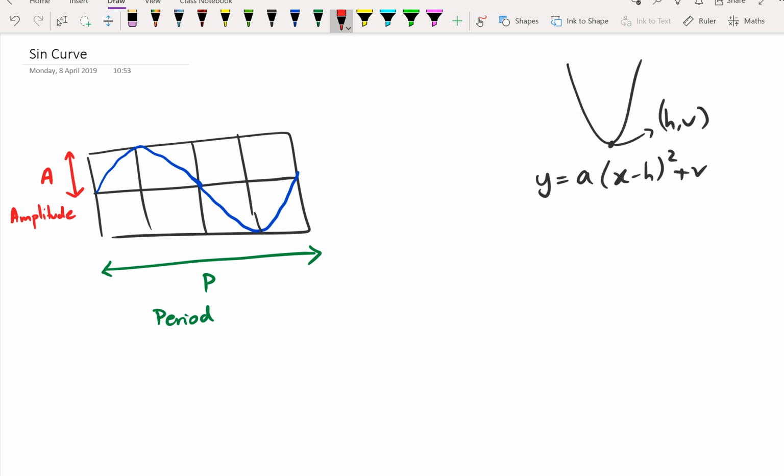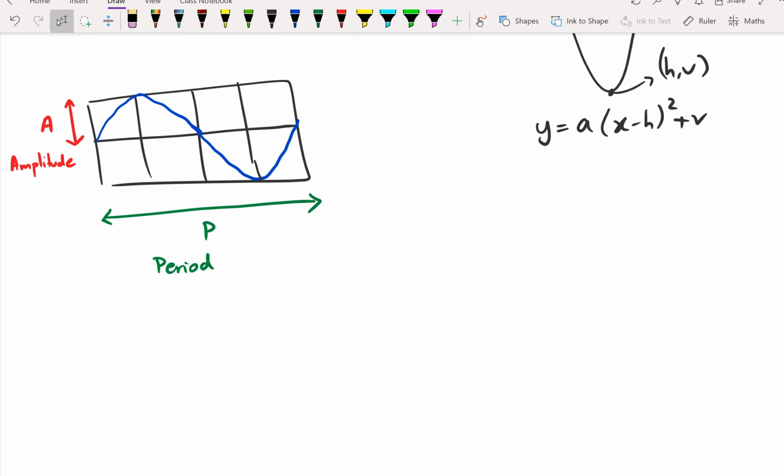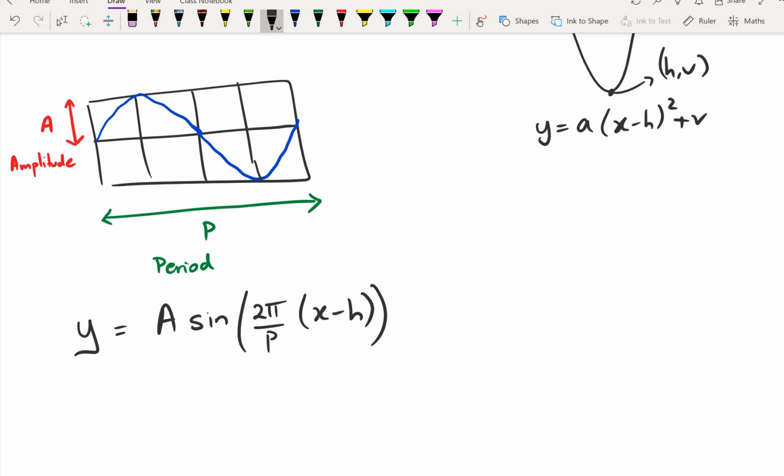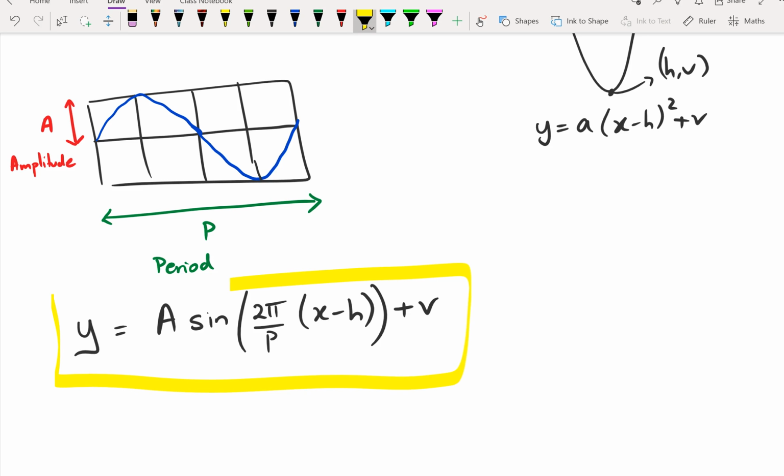Okay, so the general formula that we're going to be using for this one, I hope I can remember this, but y is a sine. That's literally the formula we're going to try and work with.